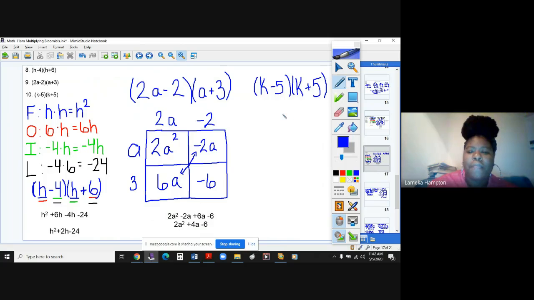All right. So what I'm going to do now, and I think this will be easier so that way you all can see me break apart the binomial into monomials, I am going to take this k, I'm going to put it here. So that's going to be k, and I'm multiplying that by k plus 5.